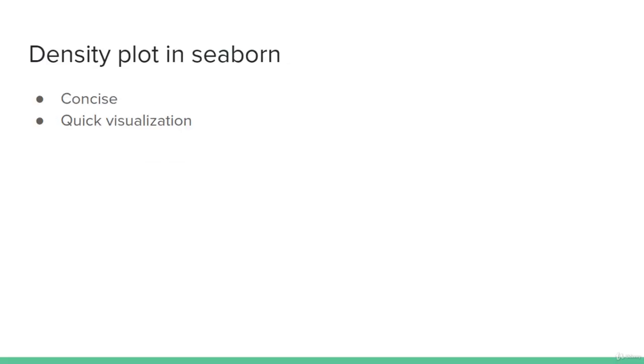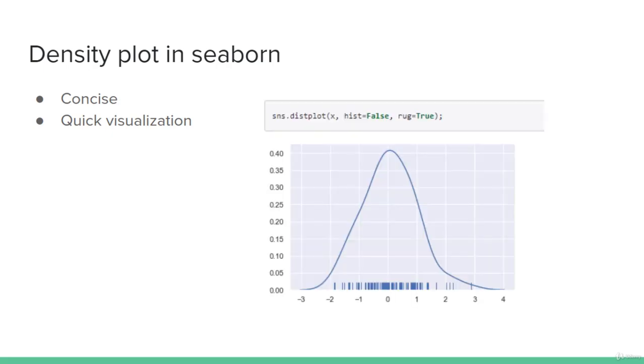The density plot in Seaborn is also quite concise and quick, because in pandas you have to provide a lot of information. Before visualizing the density plot in Seaborn, it's even easier than pandas. It's concise, it's quick.